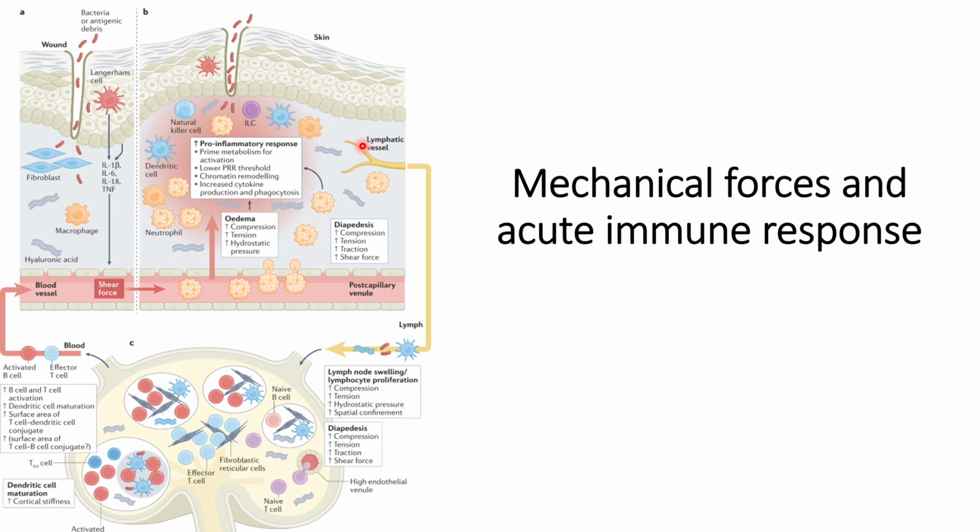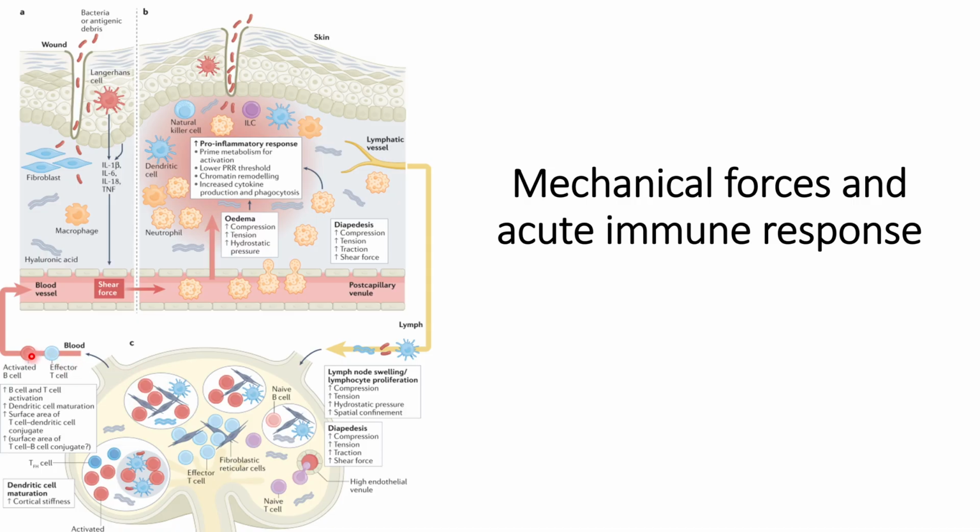Here we can see that through these lymphatic vessels, the dendritic cells enter and interact with the B cells and the T cells, and provide information about the antigens, the bacterial or antigenic debris. That helps the T cells and B cells generate an immune response or antibodies specifically against those antigens.